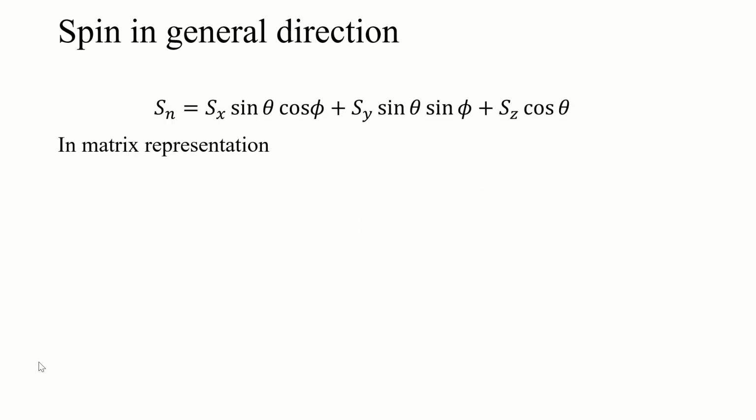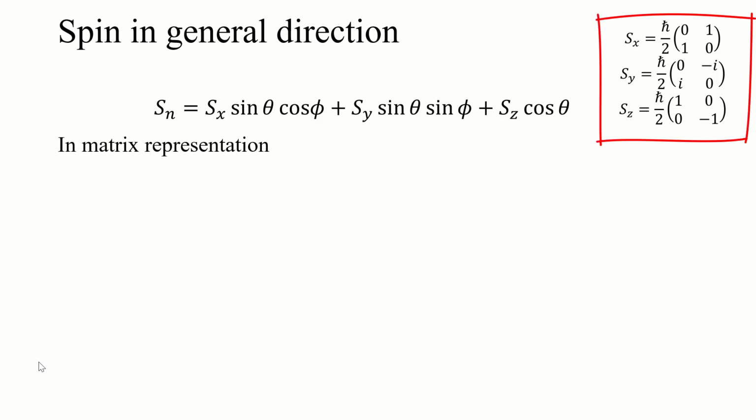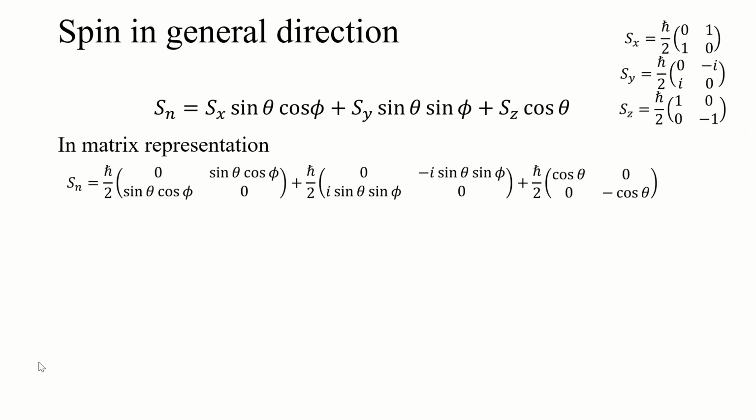So we end up like this, and we want an operator, so we're going to look into our matrix representations. We need to recall what our x, y, and z spin operators were, and they're right there from previous lectures in your text. We've already been through these, so we can write this S sub n, the spin in the general direction operator, in matrix form now.